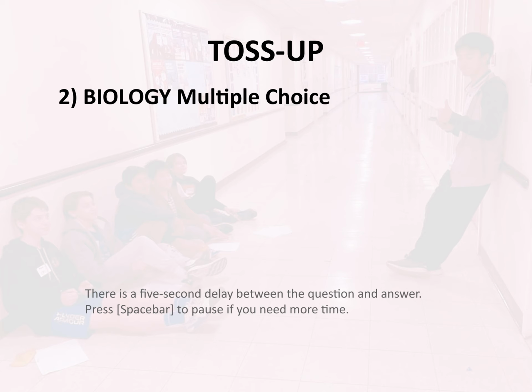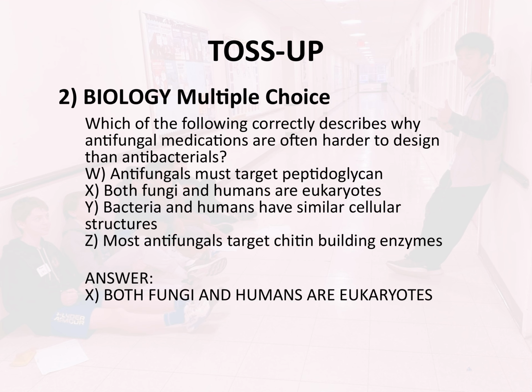Y. Bacteria and humans have similar cellular structures. Z. Most antifungals target chitin-building enzymes. Answer: X. Both fungi and humans are eukaryotes.